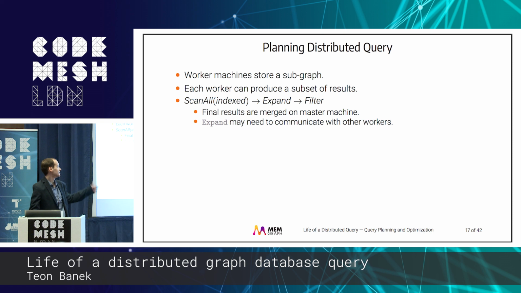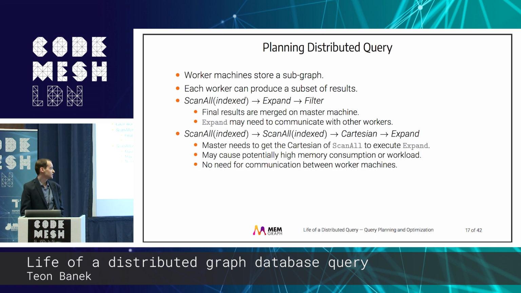This means that the worker will find all nodes via an index in its local storage, expand to destinations, and potentially fetch them from other workers, which increases the communication overhead. But the same worker can also perform the filter and then propagate those results to master. So each worker would need to communicate a bit among themselves, but do a lot of work on their own machine.